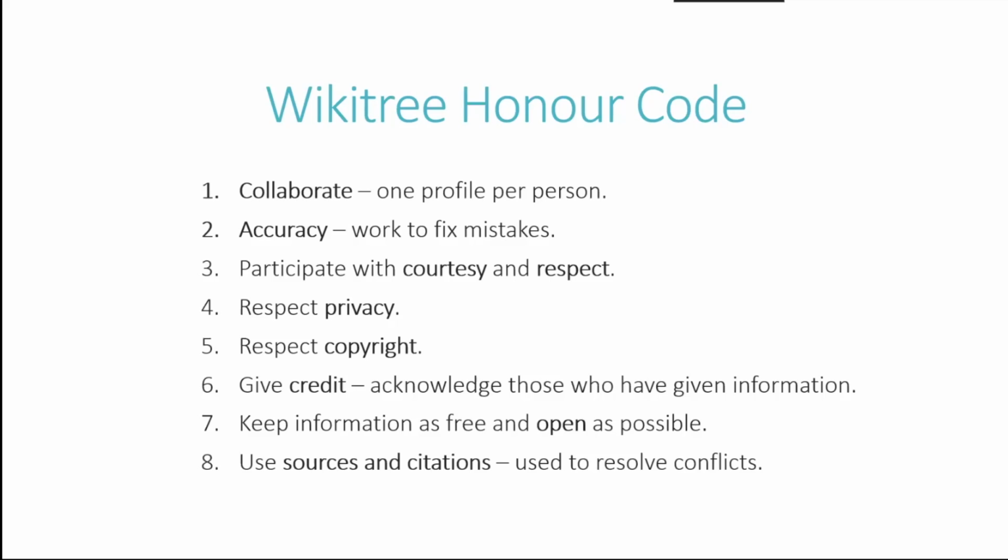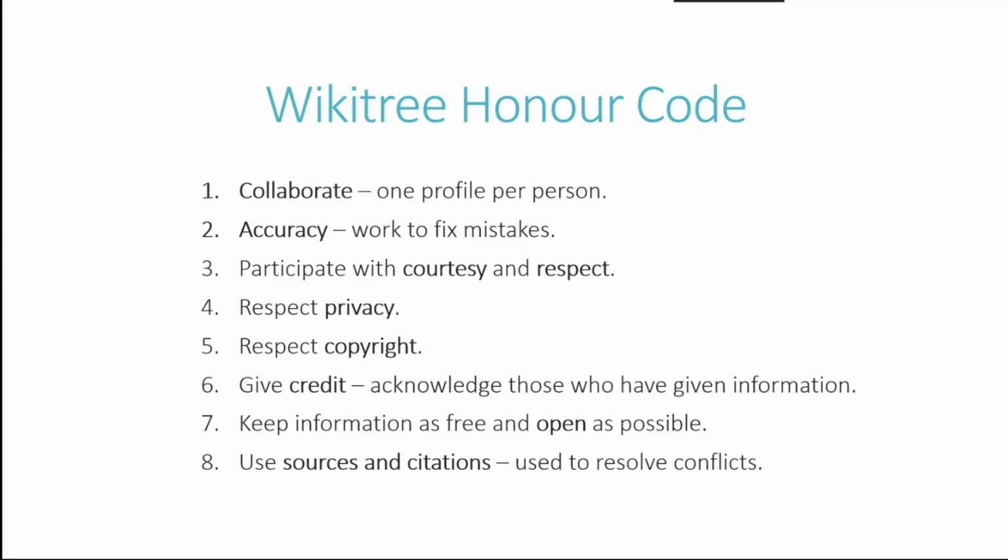And you need to use sources and citations, and that is very important on Wikitree, and it is in fact used to resolve conflicts. So if you put information on a profile and you put a particular source there, someone comes along saying, oh, but that information is wrong. There is, for example, on a tree on Ancestry, it says such and such.